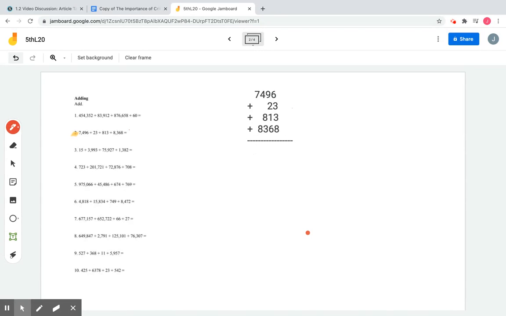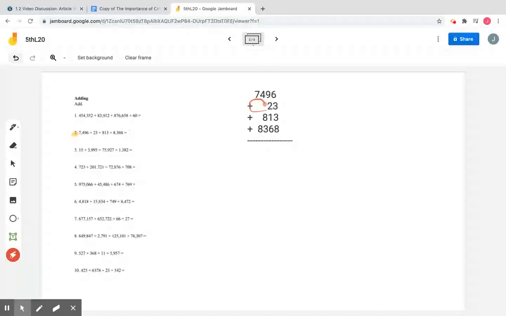So I'm going to write the numbers in this way, so it's gonna be easier for you guys to look at. And the reason why I left this space is because I had to keep the places. So the numbers in one's place should be in the same column, and the numbers in the tens place should be in the same column.